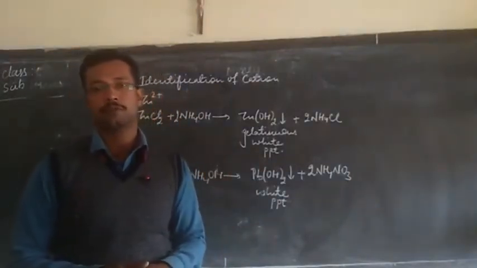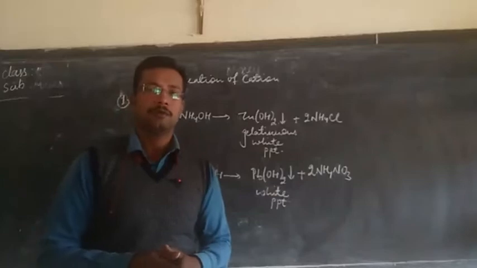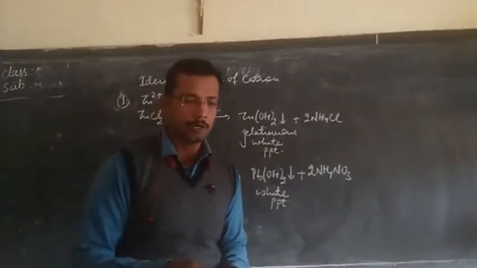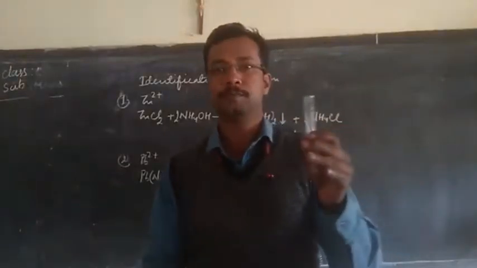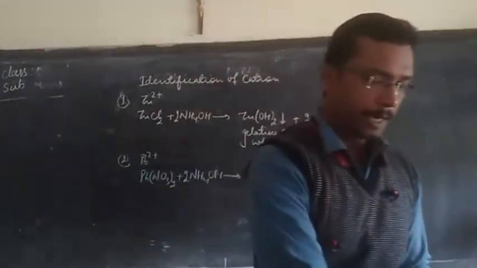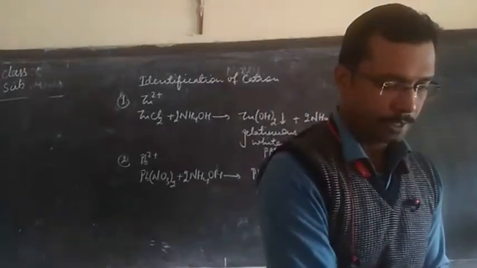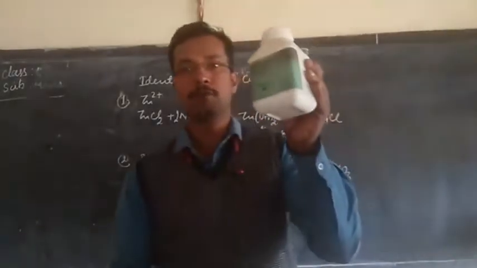ammonium hydroxide or not. For this, we will be taking a zinc salt. Here I have taken a test tube, and I will be taking zinc chloride in it. So here we have zinc chloride.